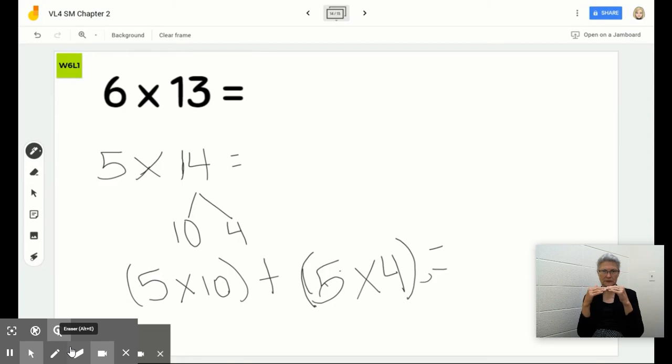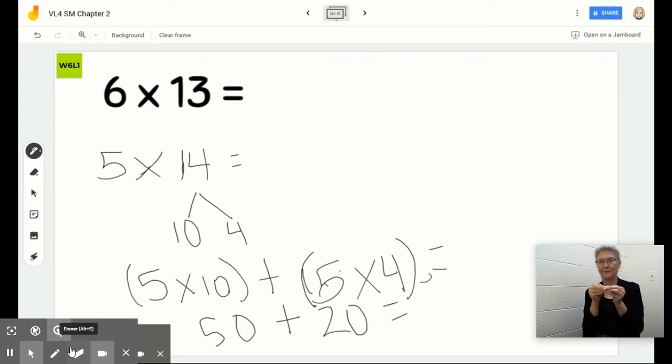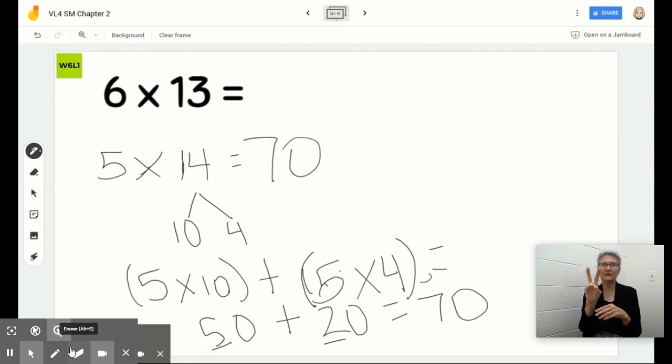And I know that 5 times 10 is 50. There's my partial product. Plus, 5 times 4 is 20. Let's add up our partial products. 50 plus 20. I know that 5 tens plus 2 tens is 7 tens, and 7 tens is the same as 70.